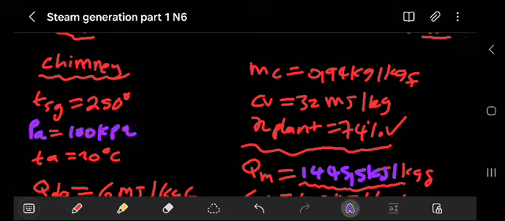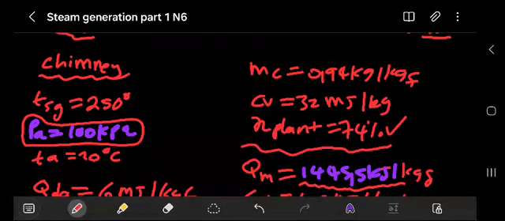You must know when you're talking about moisture at atmosphere, PA. It was 100 at that pressure, plus this temperature, the chimney base is 250.